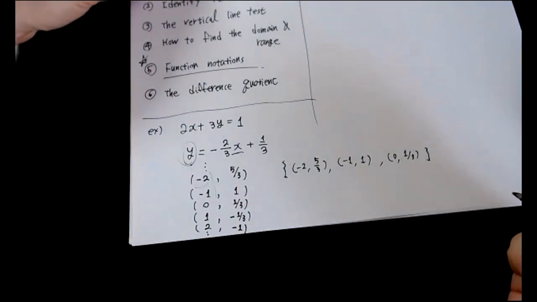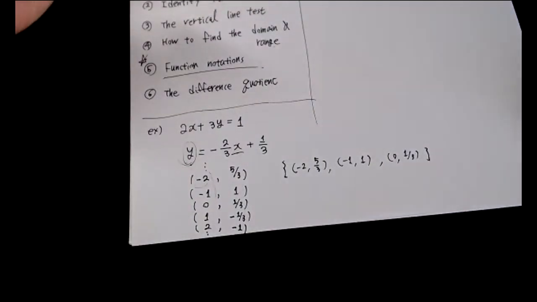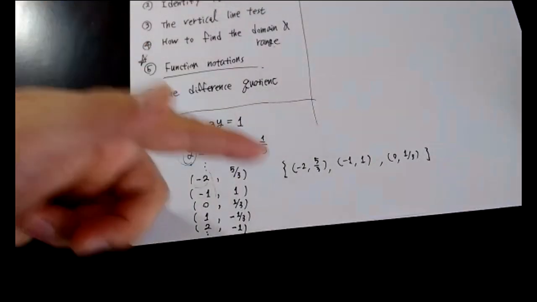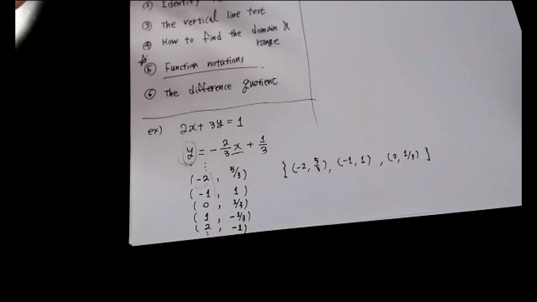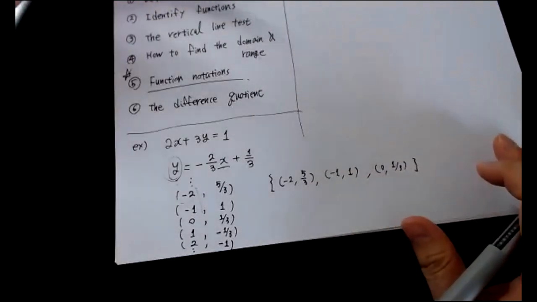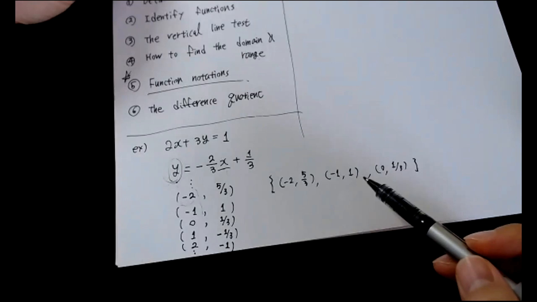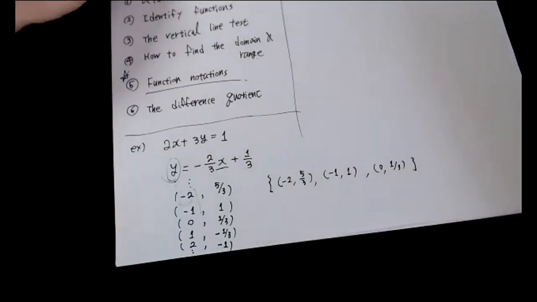For example, the problem may ask you to figure out whether or not this set is a function. So the function can be represented as an equation, a set of ordered pairs, or a graph.